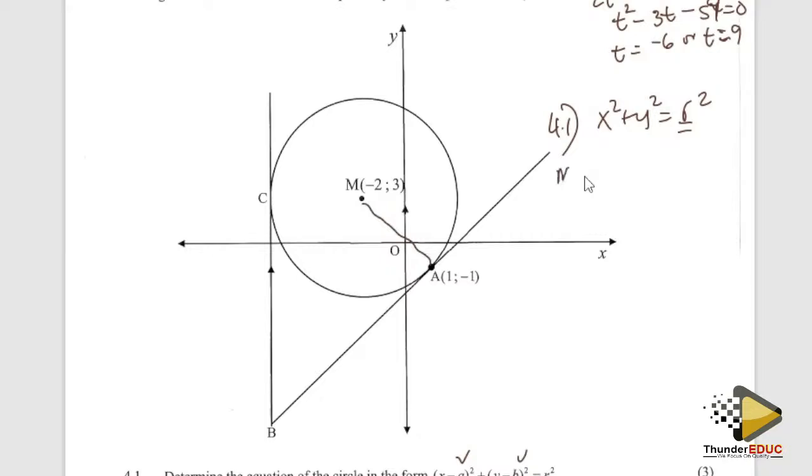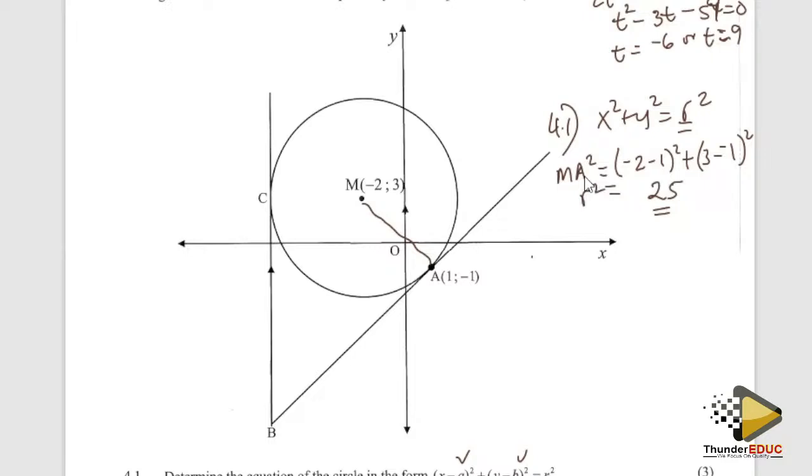So MA squared is negative 2 minus 1 squared plus 3 minus negative 1 squared. So that's going to give me 3 squared plus 4 squared, which gives me 25. In other words, our r squared is 25.